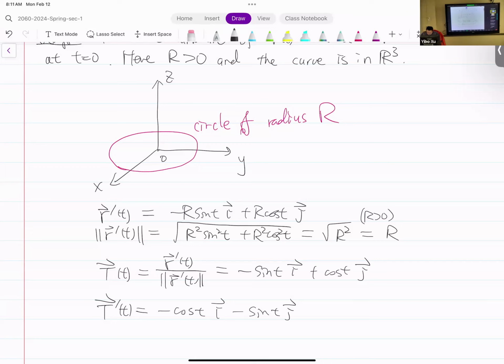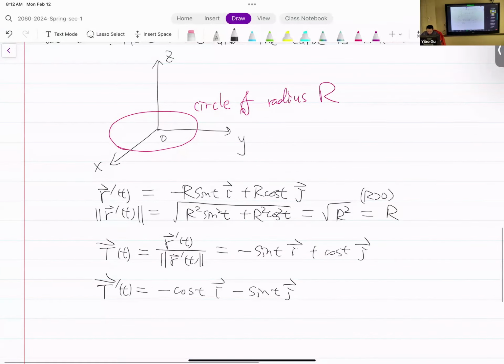And if you recall, in the curvature formula we have the magnitude of T prime. So we just take the magnitude, and again the Pythagorean theorem tells you that the magnitude here is 1. This is still a unit vector, which is nice. The magnitude is the square root of the square of the first component plus the square of the second component, and that's a 1 again.